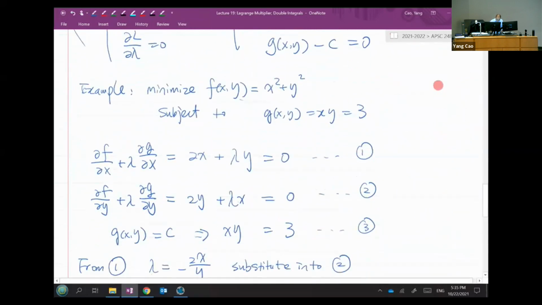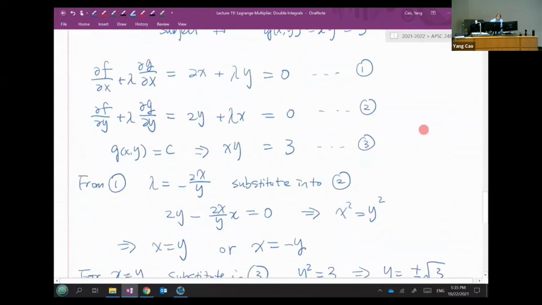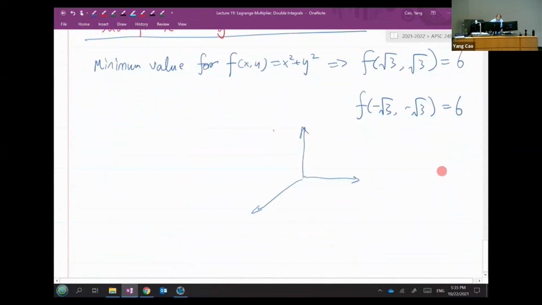The current question is this function, x squared plus y squared, and this constraint. x squared plus y squared, we have dealt with so many times, is a paraboloid. And the constraint is g of x, y equal to xy equal to 3.